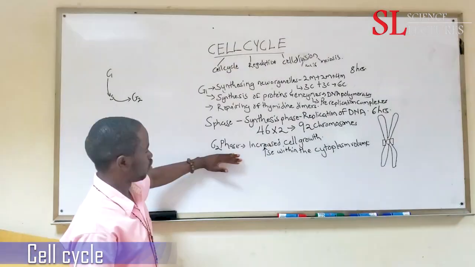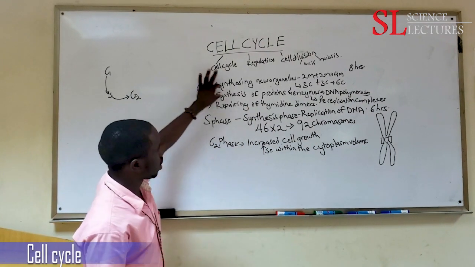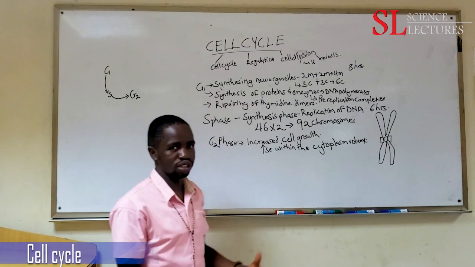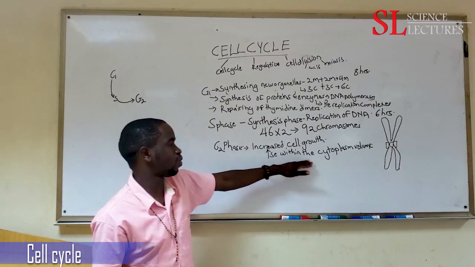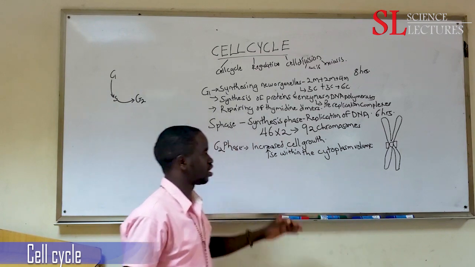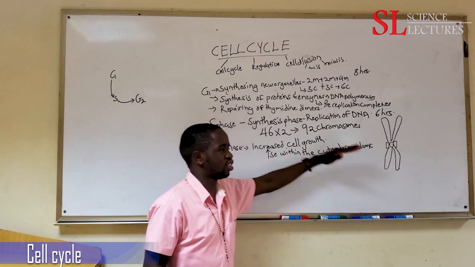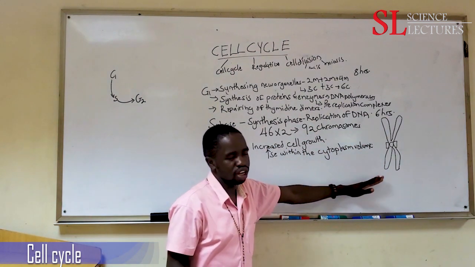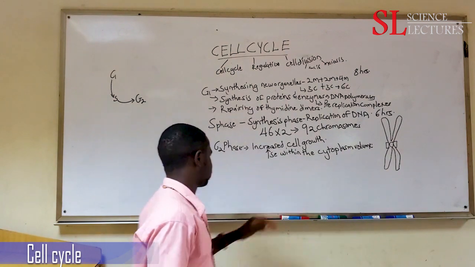I repeat, within the G2 phase, we shall have increased cell growth. The organelles manufactured here shall grow to attain a specified size. Then the cytoplasm also shall increase, such that even after the division into two daughter cells, both the mother and the daughter contain the same volume of the cytoplasm.